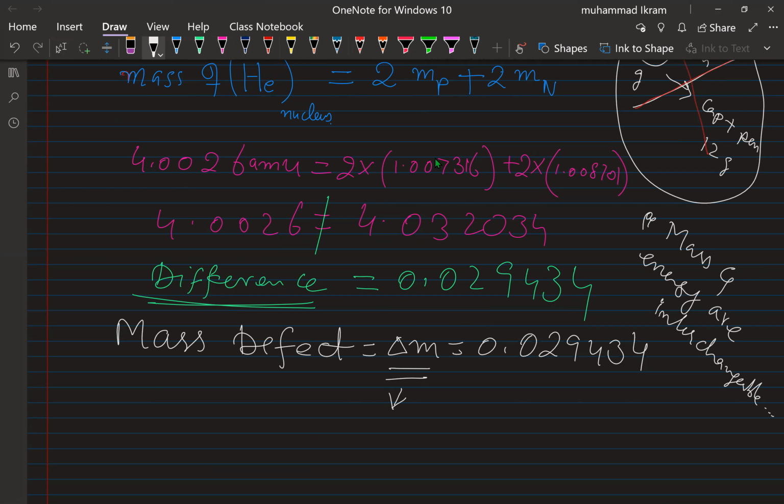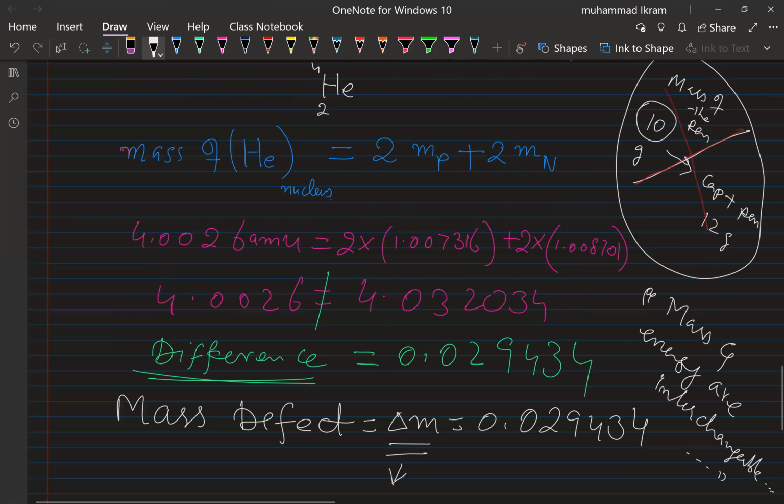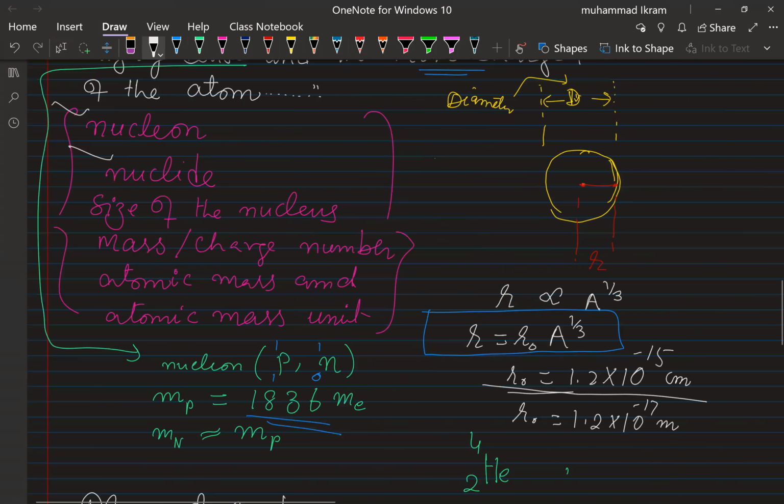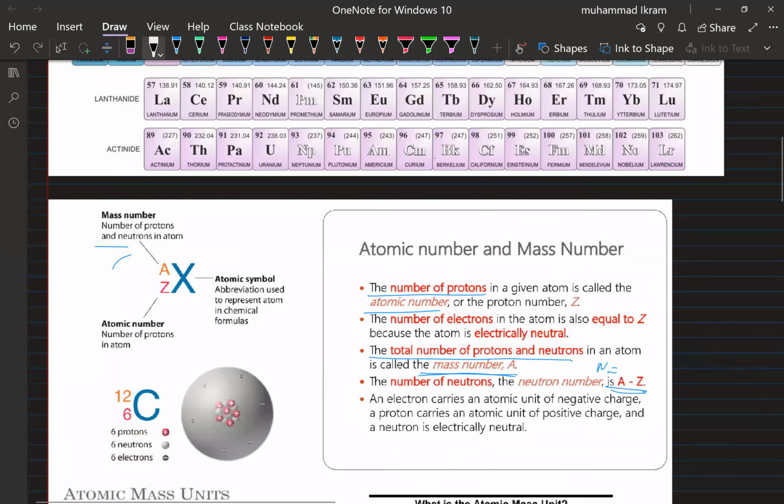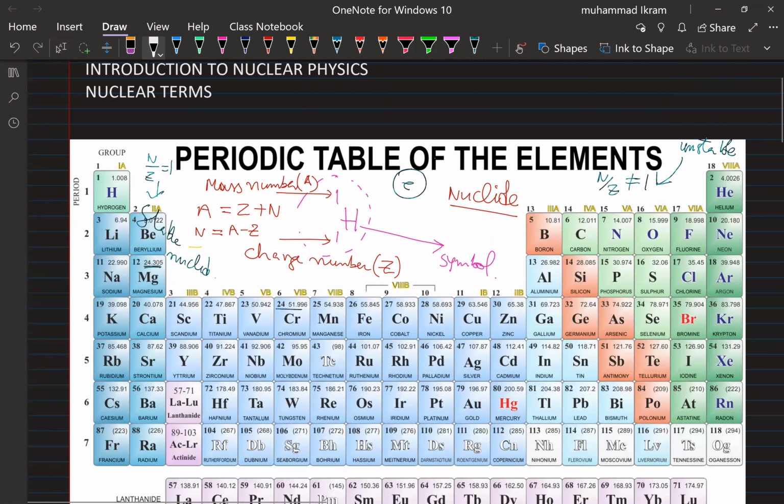Mass can be converted into energy and energy can be converted into mass. This is known as the mass defect. Remember, every element has a mass defect except hydrogen.